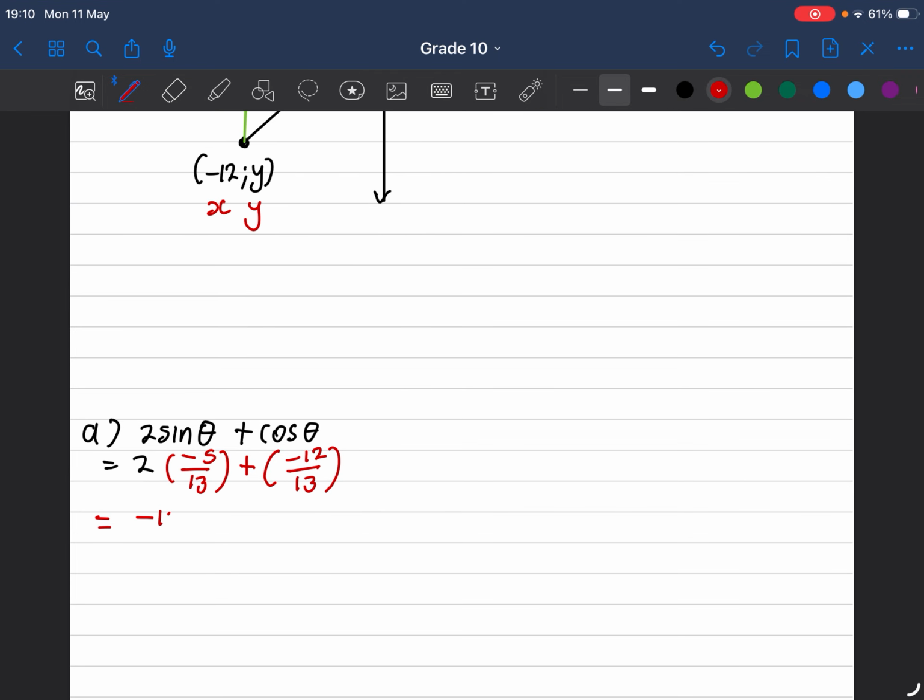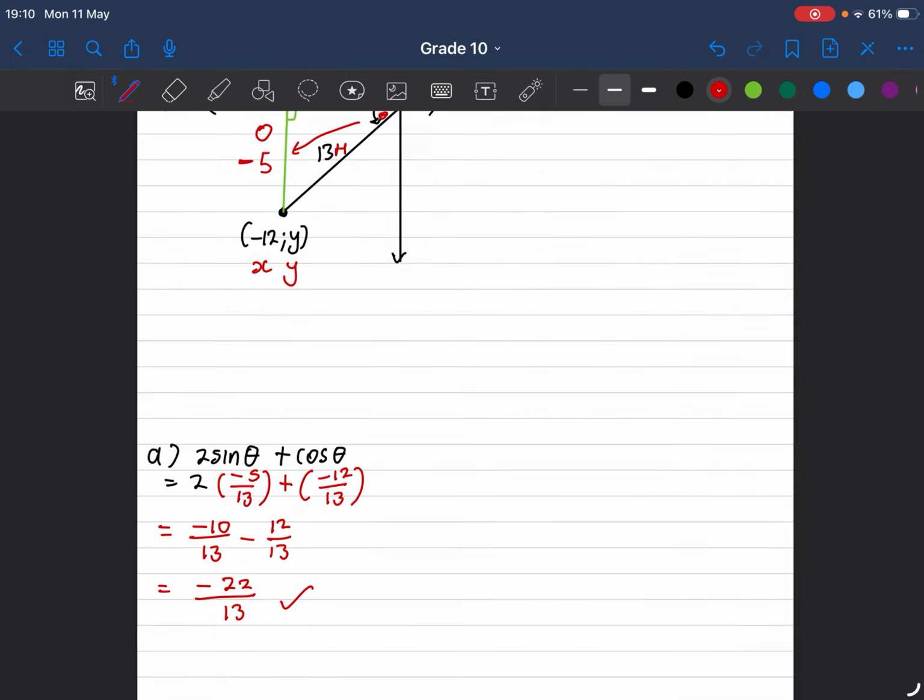Simplifying that, you get negative 10 over 13 minus 12 over 13, which equals negative 22 over 13. And we can leave that as our final answer.